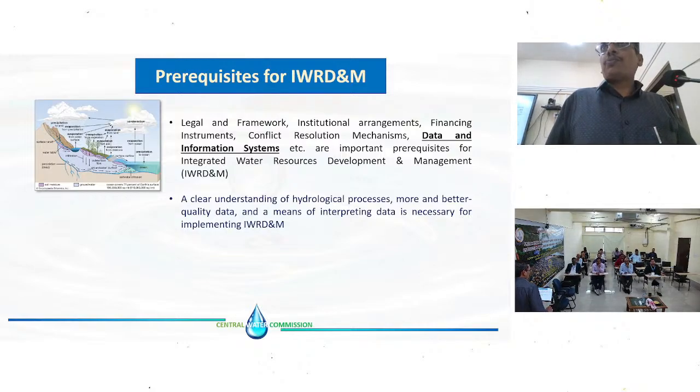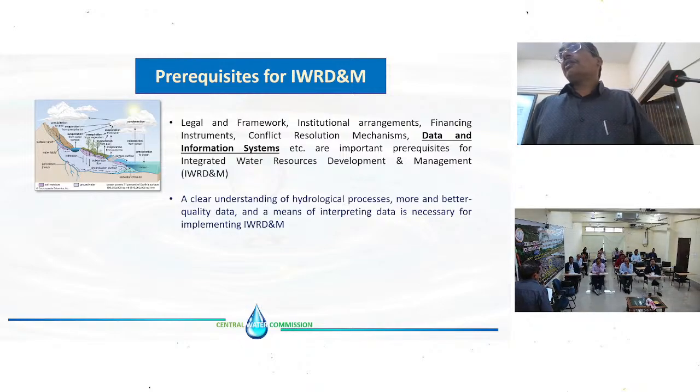We cannot have a synoptic view, or visualize in space and time how these parameters are changing. And there are certain components of the hydrological cycle, like evapotranspiration, which are very difficult to measure.